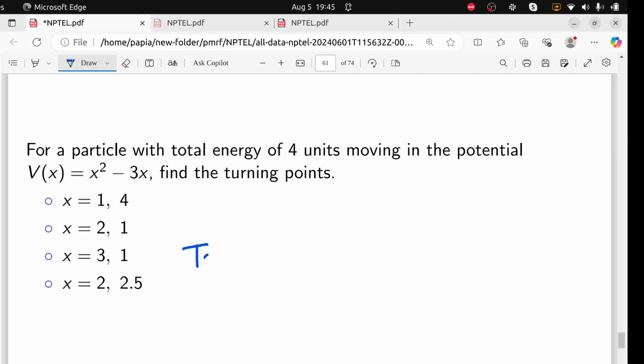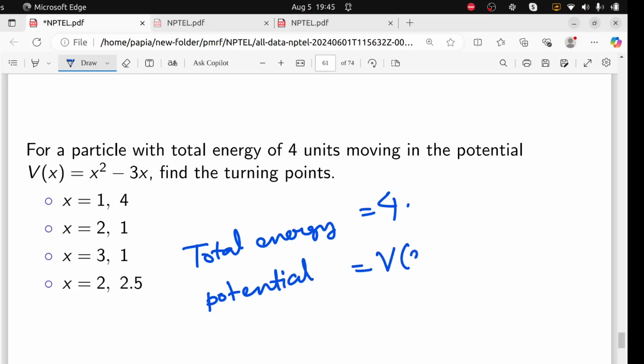So the total energy is 4 and potential is V, which is x square minus 3x. Okay, for the turning points. Now what is a turning point?